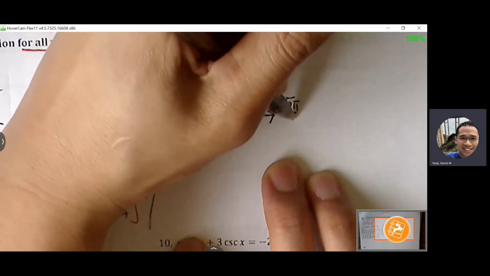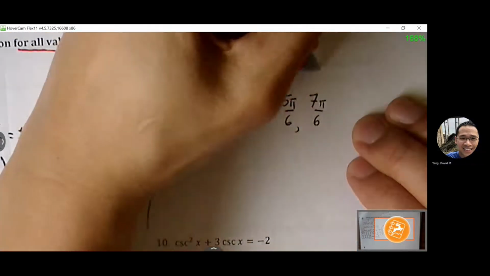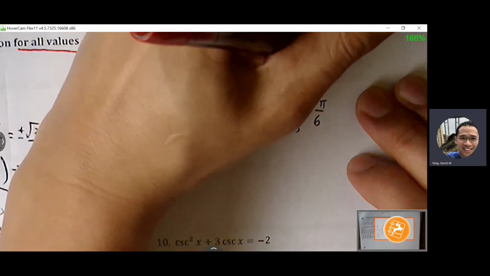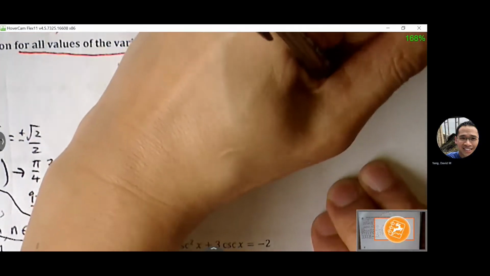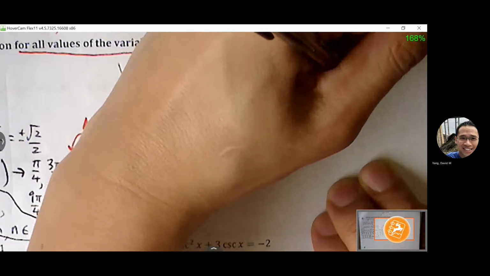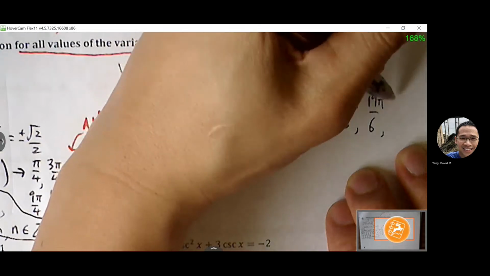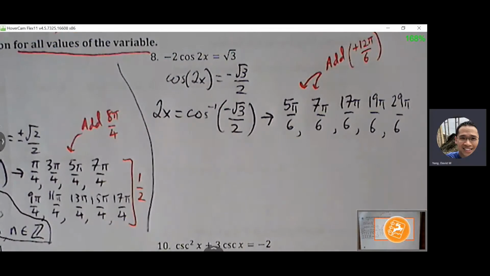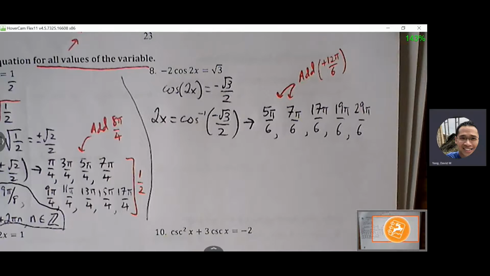Variations of pi over 6. Okay, deal with the 2, multiply by 1/2.